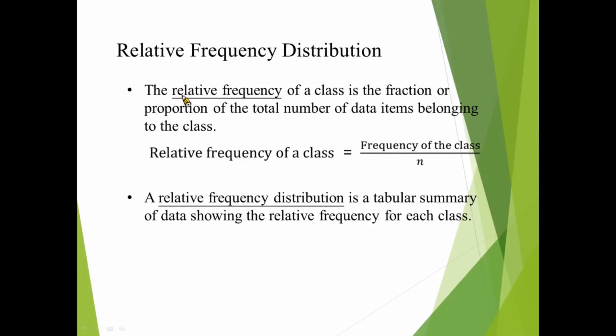So the formula is: the relative frequency of a class is the fraction or proportion of the total number of data items belonging to the class. The relative frequency of a class equals the frequency of the class divided by n. A relative frequency distribution is a tabular summary of data showing the relative frequency for each class.